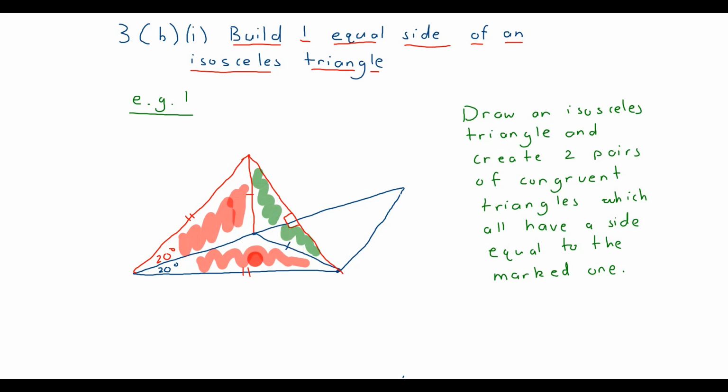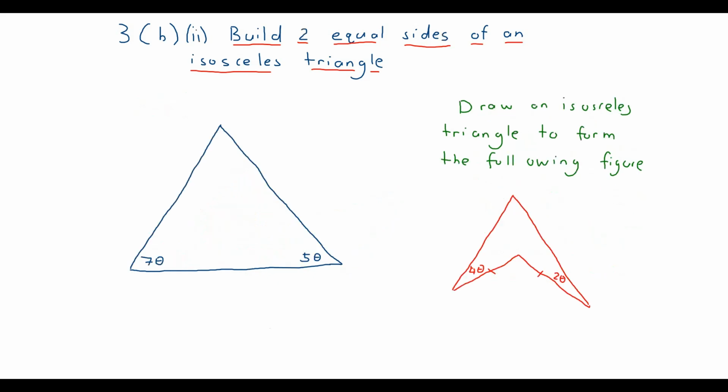So there you go, two pairs of congruent triangles with this side here, or a side of this length, equal to all of them. Okay, so let's now move on to our next one, and it's going to be the second way of building an isosceles triangle.